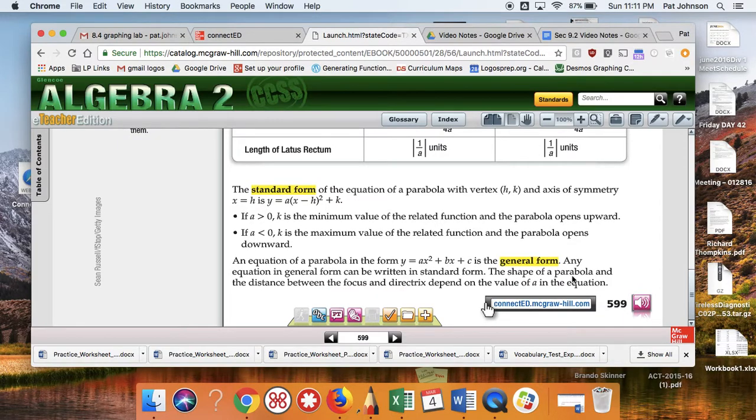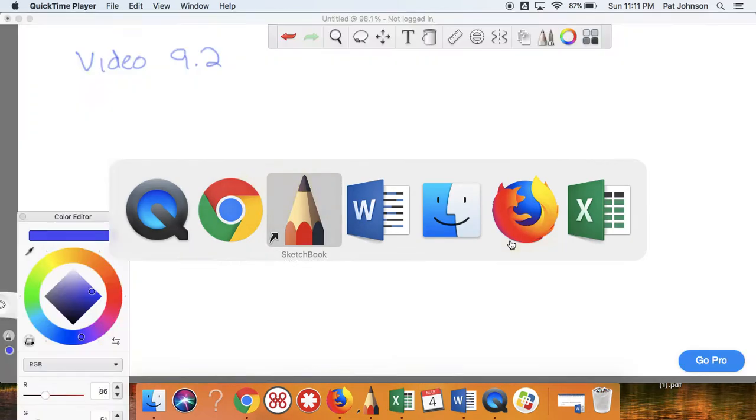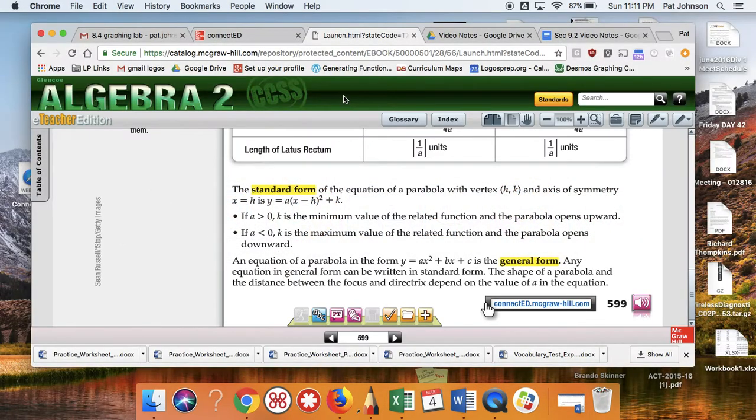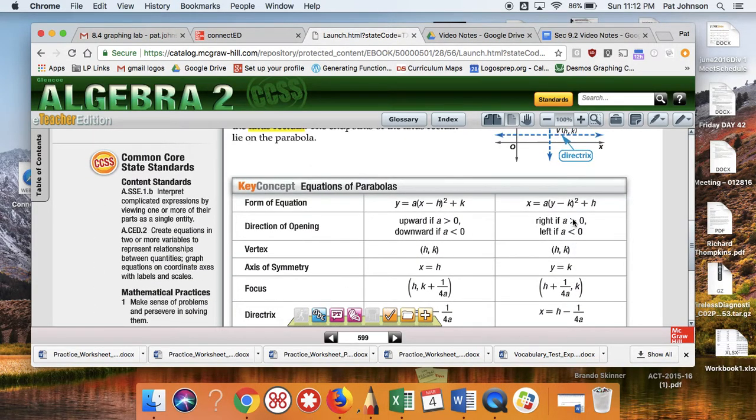Okay, so we learned the standard form of a parabola. We called it ax squared plus bx plus c equals 0. It's slightly different here. As a conic, we call our standard form really our vertex form, which is y equals a times (x minus h) squared plus k if it's vertical. If it's horizontal, this would be our standard form.